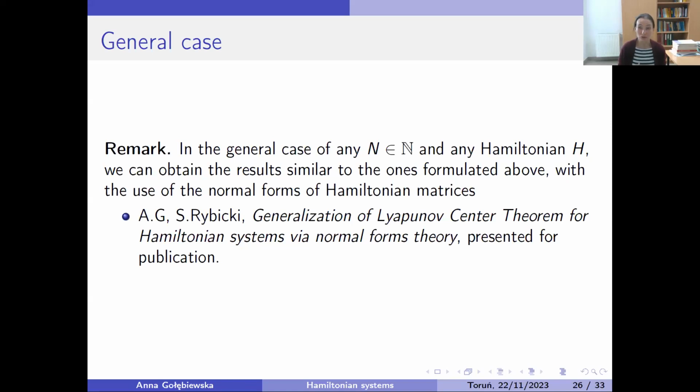But we have to use more complicated tools to study the change of the Morse index. We use the so-called normal forms of Hamiltonian matrices, which can be treated as a counterpart of the Jordan matrix theorem. We have formulated theorems for this case in the paper we have just finished and sent for publication.